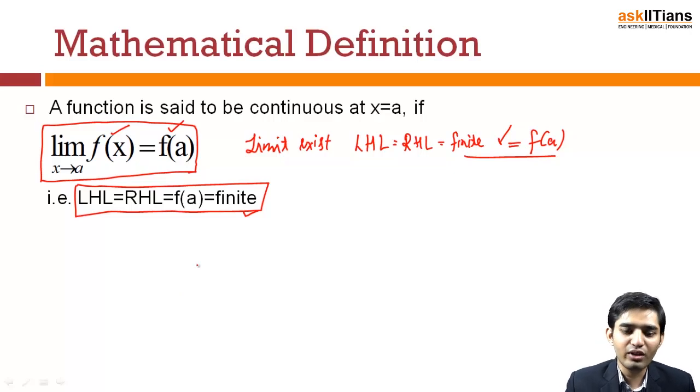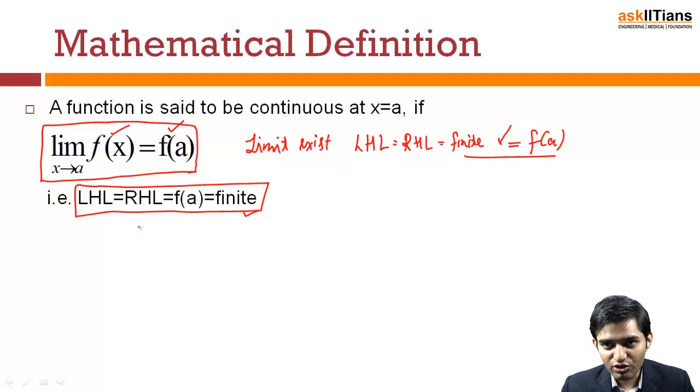So both should be equal and both should be finite. It should not go up to infinity, right? Because otherwise again it will become discontinuous. Okay, so limit of the function should exist, function should be defined, and both of them should be equal. Then we will say that the function is a continuous function at that particular point only. Okay, so this is the mathematical definition.